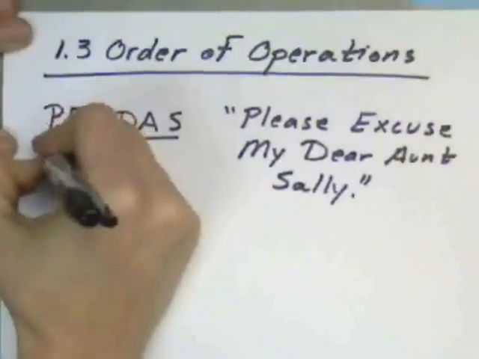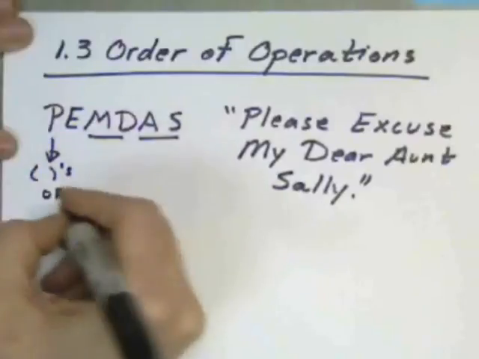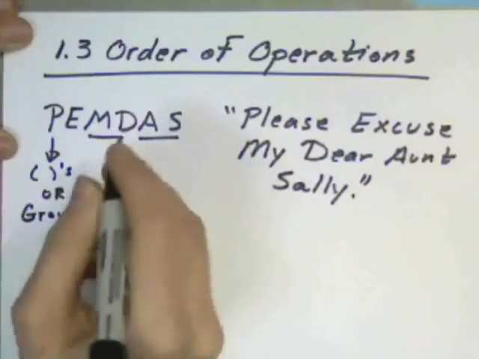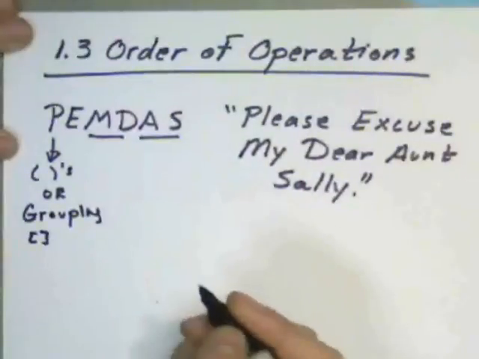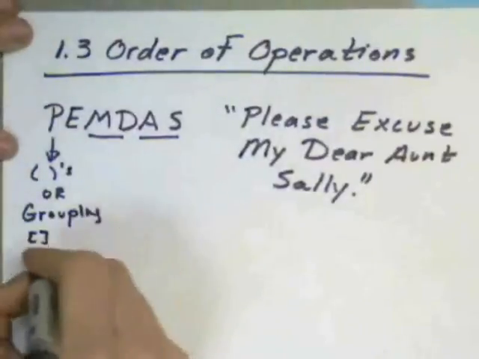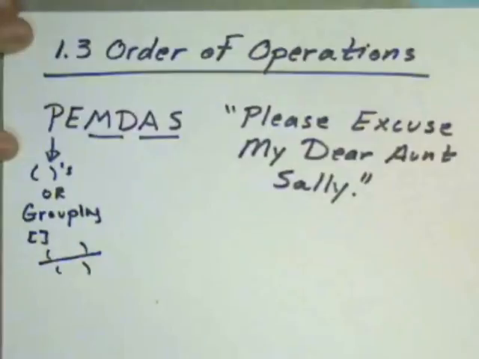For this, the P stands for parentheses or any type of grouping symbol, such as brackets. That would also include a divide bar where you have the top separate from the bottom, and also absolute value.